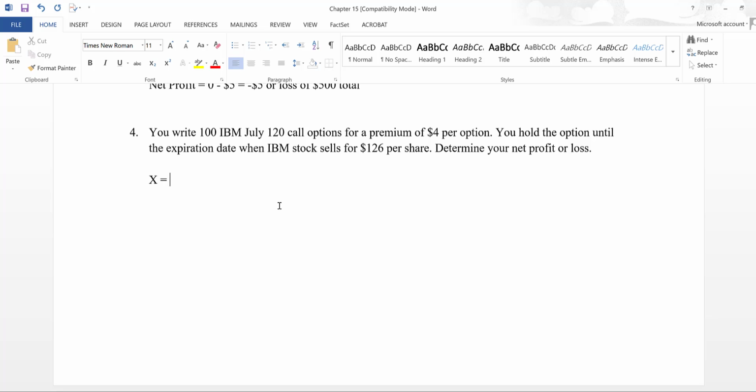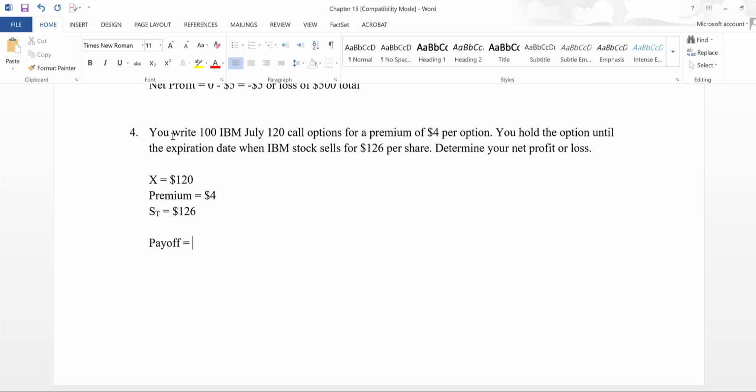So let's first write down the information. You have an exercise price of 120 here. Premium is $4, and the stock price at expiration is 126. What would be the payoff? Again, think about what the buyer would do. Would the buyer of this call option exercise this option?